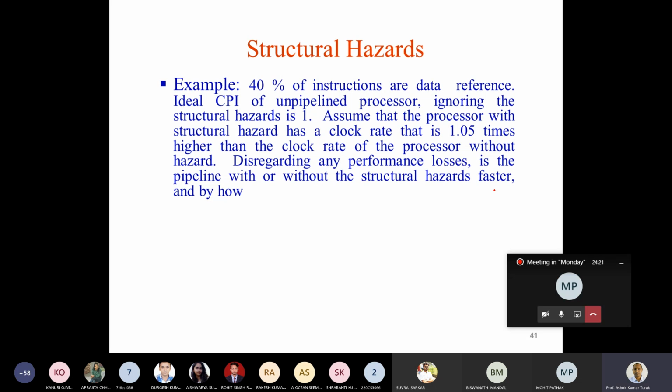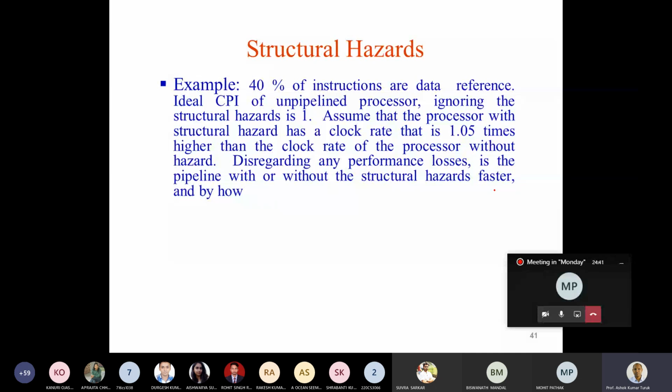The ideal CPI of a pipelined processor ignoring the structural hazard is 1. So we are not looking at a structural hazard in an unpipelined machine. In fact, in an unpipelined machine, since there is only one instruction executing, it will be using all the resources available, so hardly any structural hazard will occur.